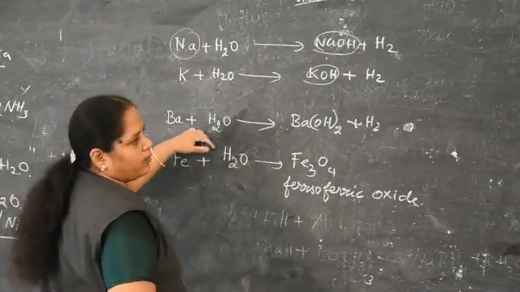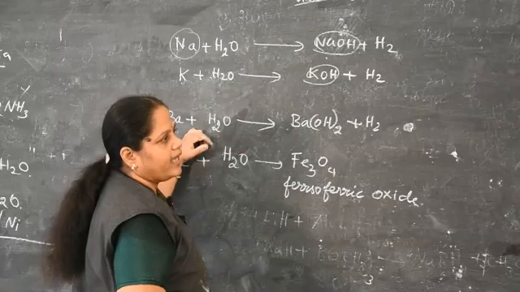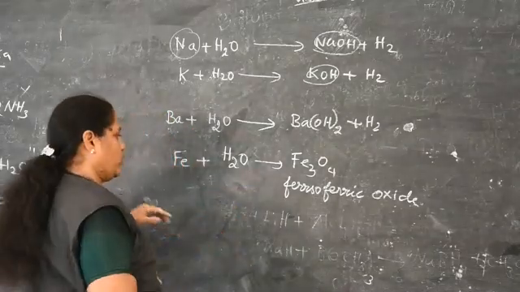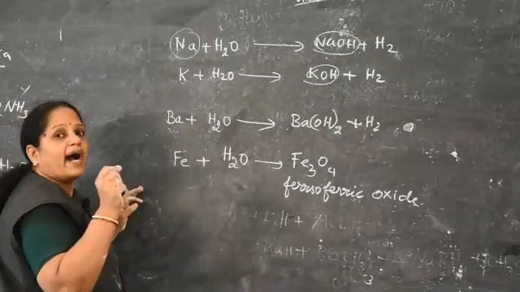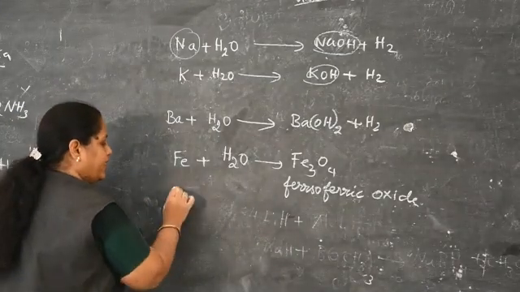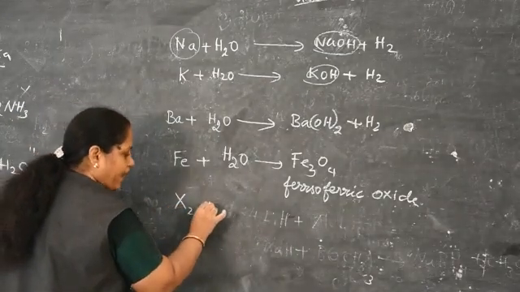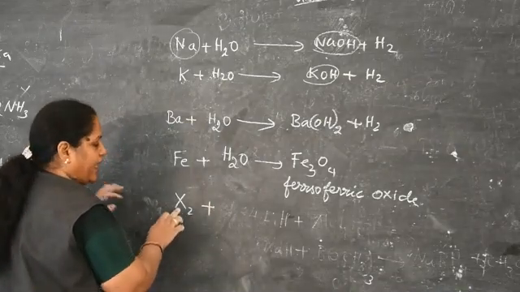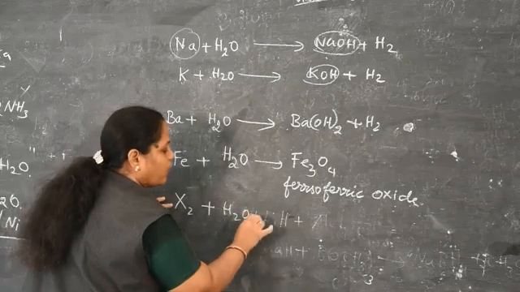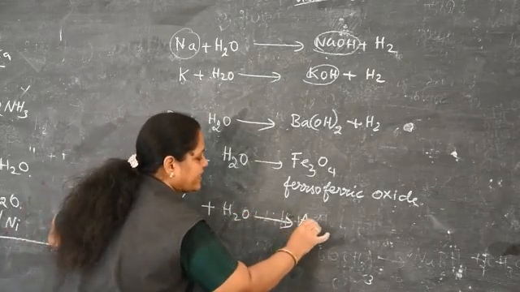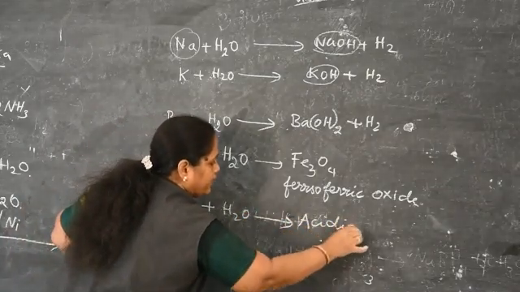Next topic is reaction with halogens. Water readily reacts with halogens, and they form acidic solutions. Except fluorine, all other halogens combine with water, and the resultant solution is acidic in nature.